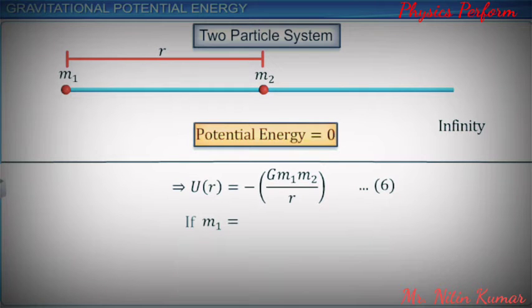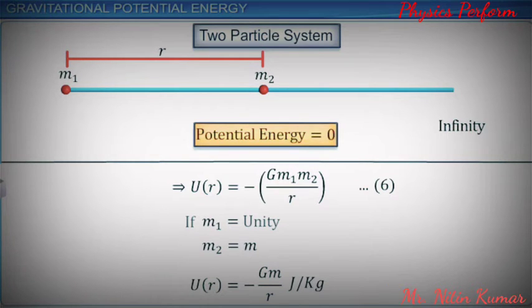If we consider a three-particle system, say at positions P, Q and R as shown, we have three pairs of particles, PQ, PR and QR. Thus, the total gravitational potential energy of the three-particle system is the sum of the potential for the three pairs of particles.